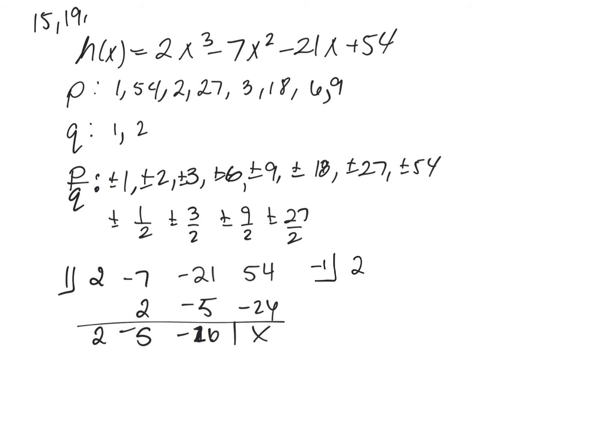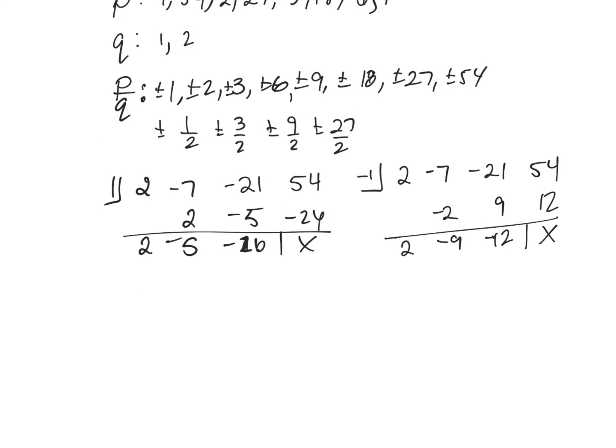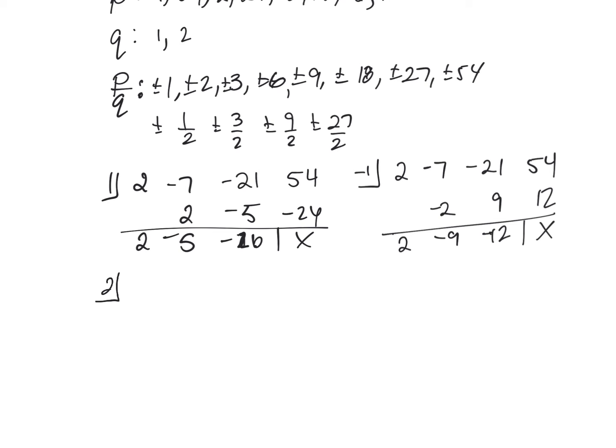Then -1: 2, -2, -9, 9, -12, 12, not 0. Then 2: 2, -7, -21, 54, 2, 4, -3, -6, -27, -54, 0.